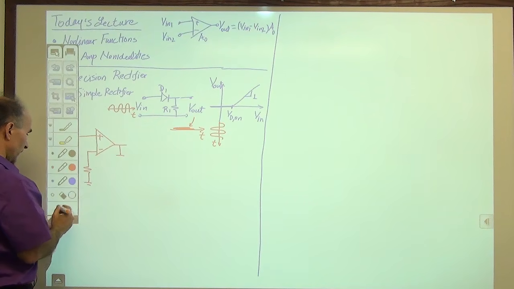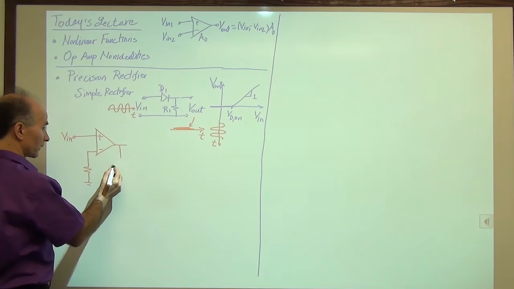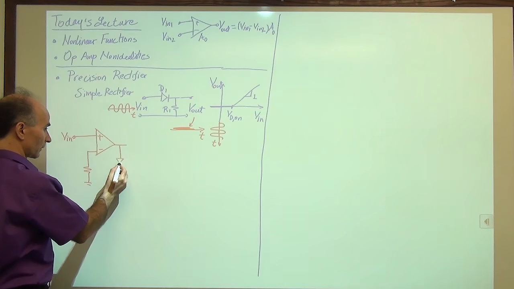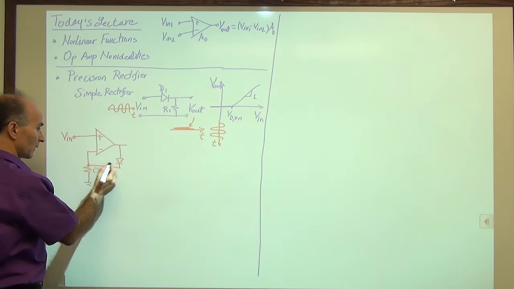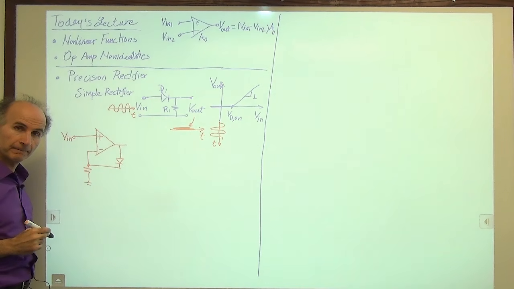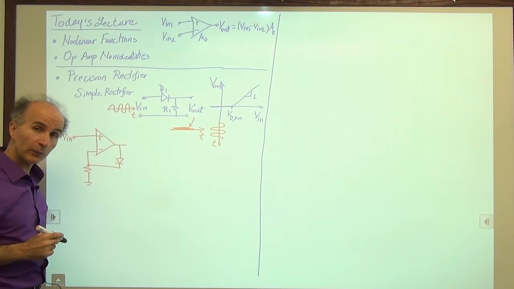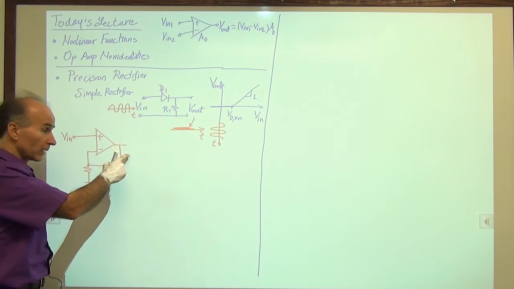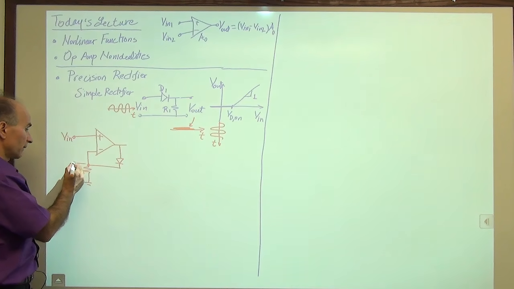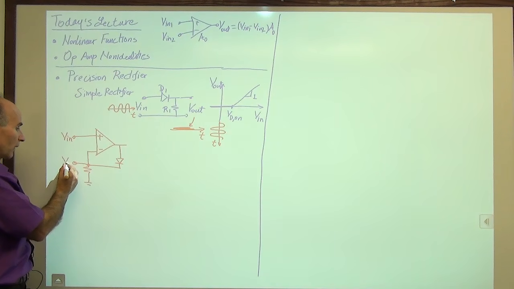So let me draw the diode like this. It might be easier to see it that way. We connect the diode like this. And the output of interest now is not here. The output of interest is here. So we'll call this V out with respect to ground.